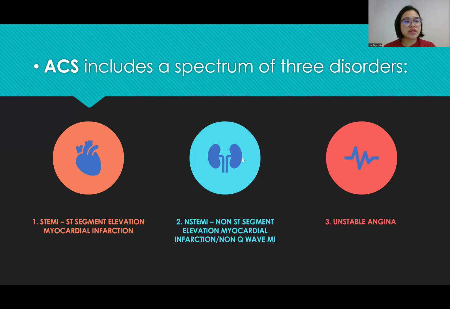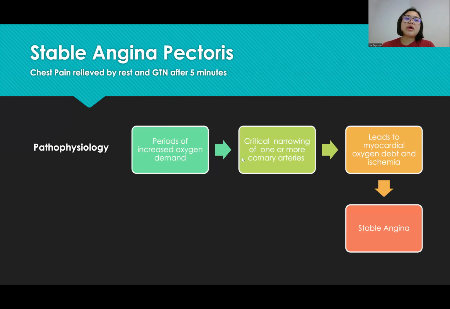And third is unstable angina. Outside of these 3, there's actually chest pain that is stable. So stable angina pectoris is defined as chest pain relieved by rest and GTN after 5 minutes.